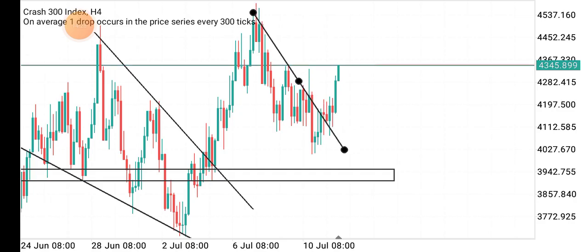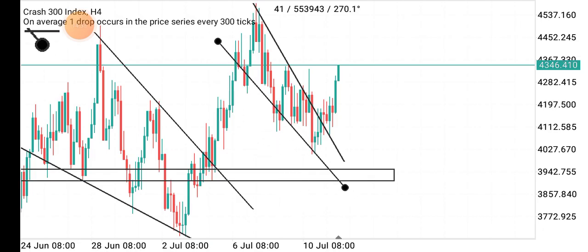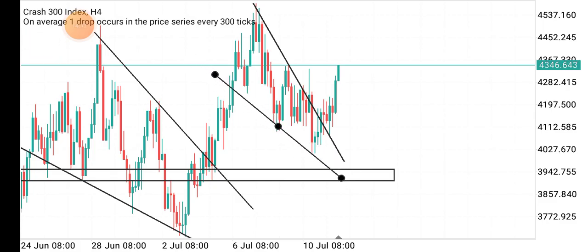There was a pattern here, there was a pattern right here, there was a kind of pattern right here. And this pattern, if you duplicate this line, you'll see that we have something like this.